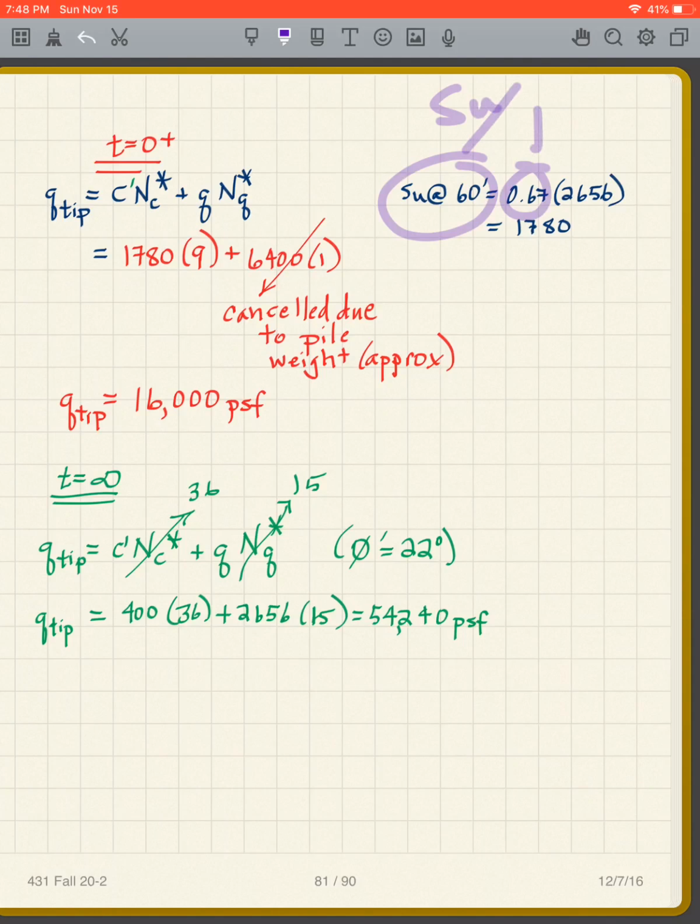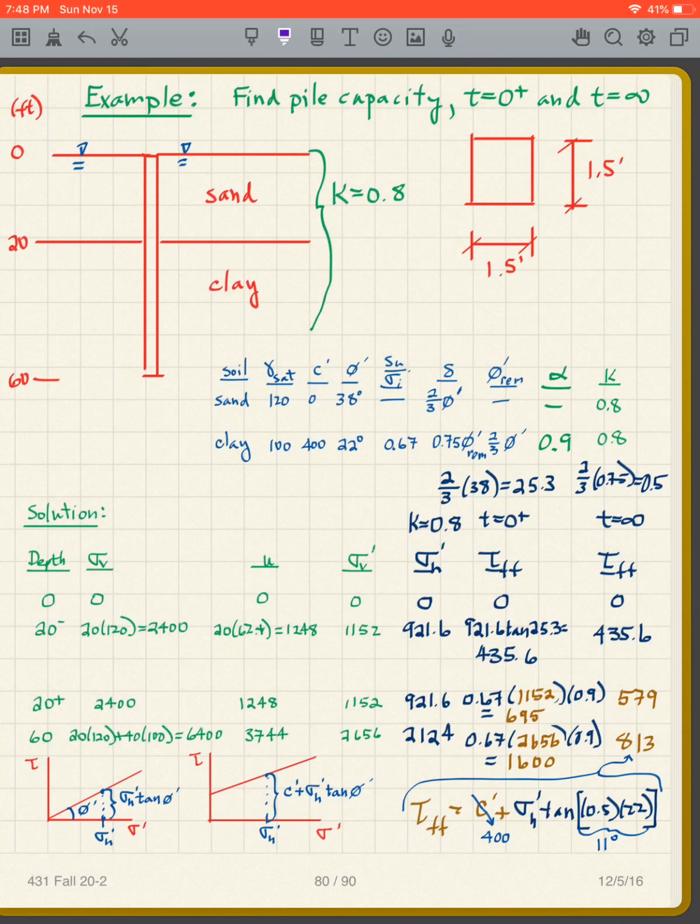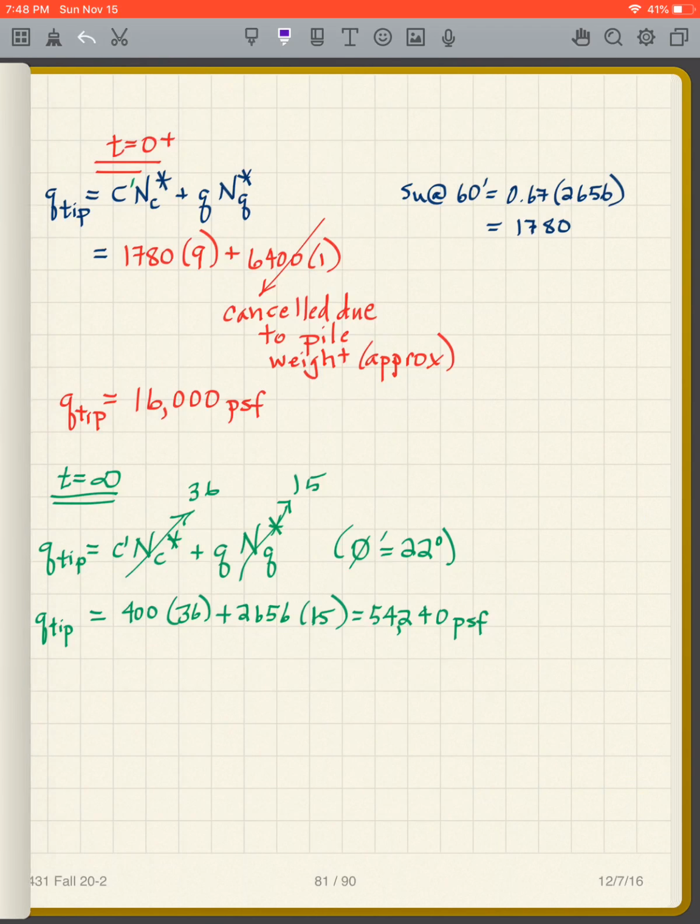My SU over sigma prime I times my sigma prime, 2656. So where'd that 2656 come from? Well, we already figured it out. It's right down there. So take that value. That's a handy value to have. That 2656 we already figured.